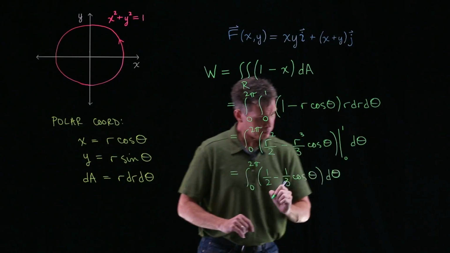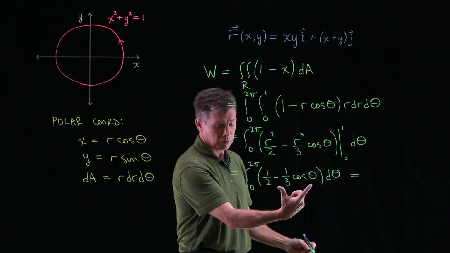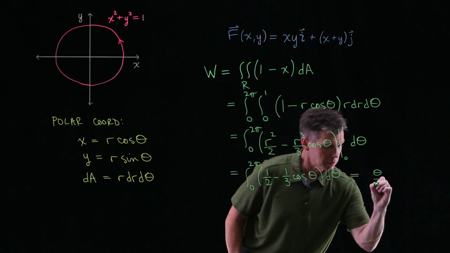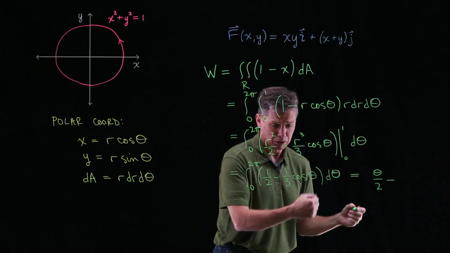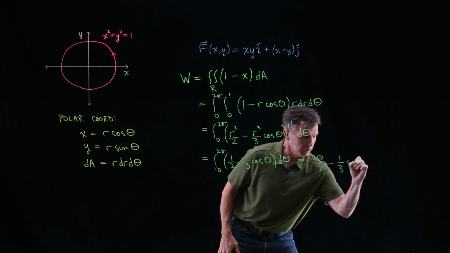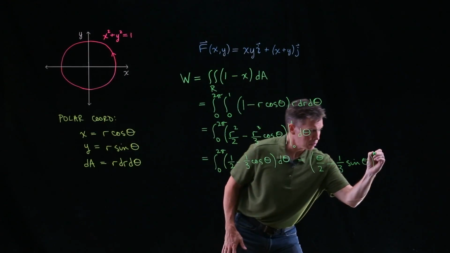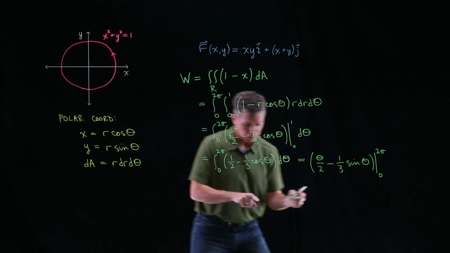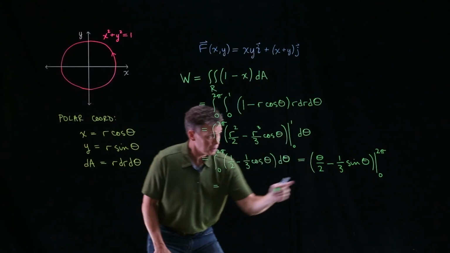And so let me slide over this next step. Integrate this with respect to theta, and I'm going to get theta over 2 minus cosine theta is just going to go to sine, right? So you'll have a 1/3 sine of theta that I need to evaluate from 0 to 2 pi. Slip down here. I think this probably can be my last step if I do this right.